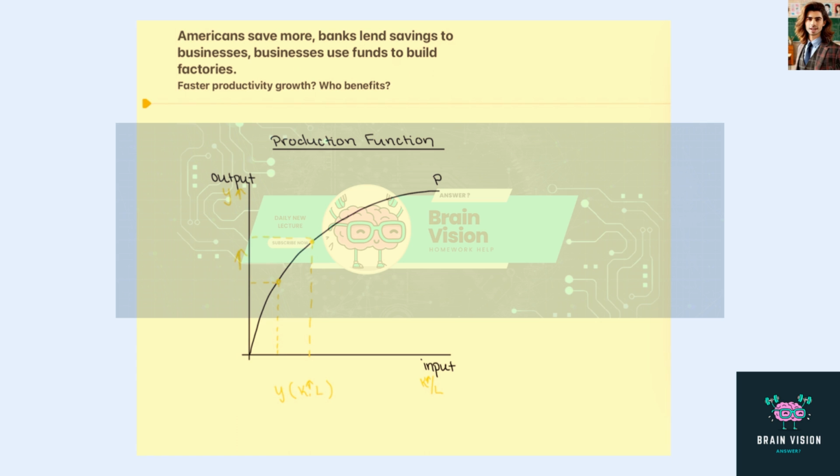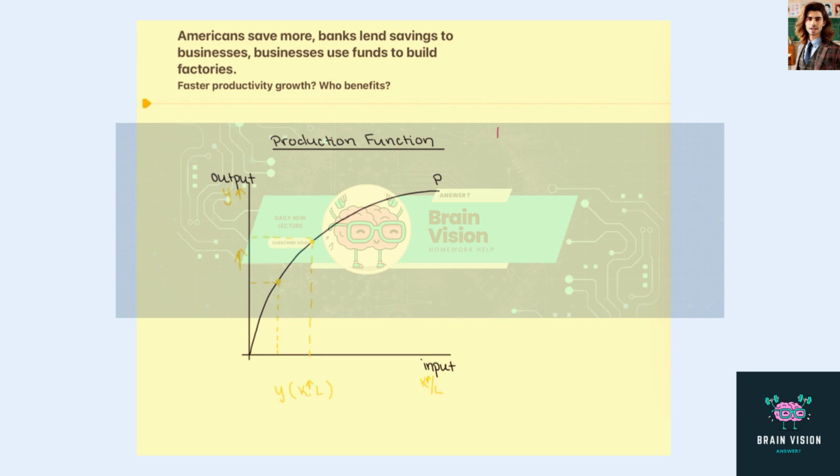And as for who benefits from this, it's really going to be just about everybody. This increase in saving and productivity, it's going to benefit both the Americans who are choosing to save and these businesses who are investing the funds into their factories. What we see is that Americans are initially reducing their consumption.